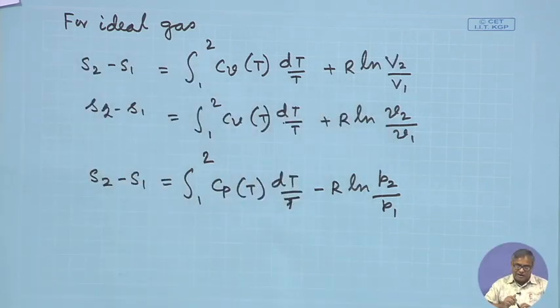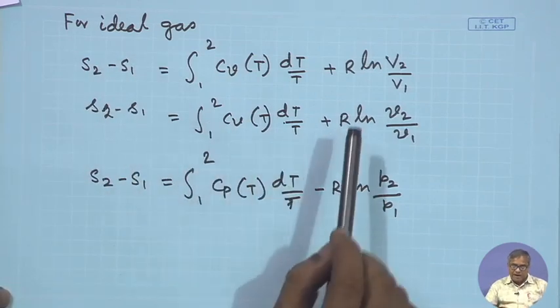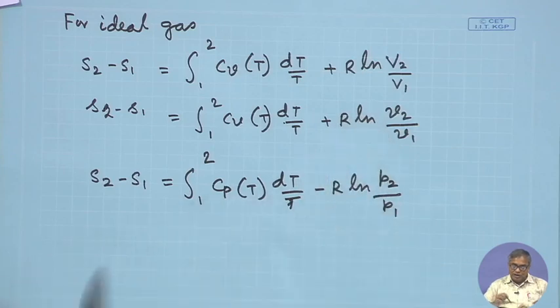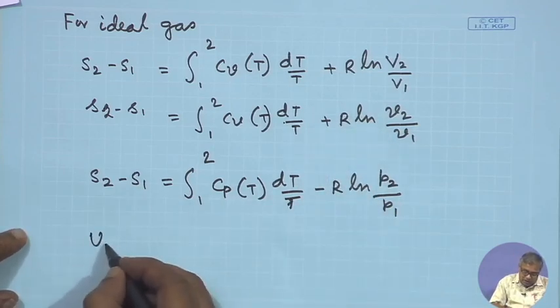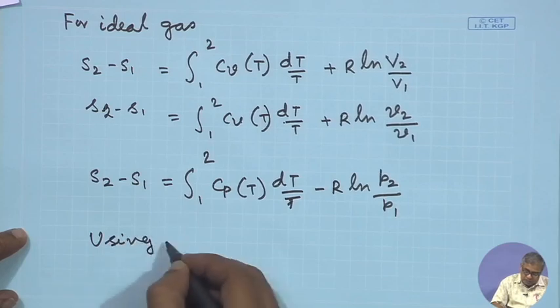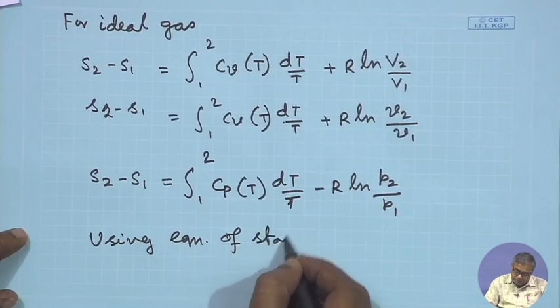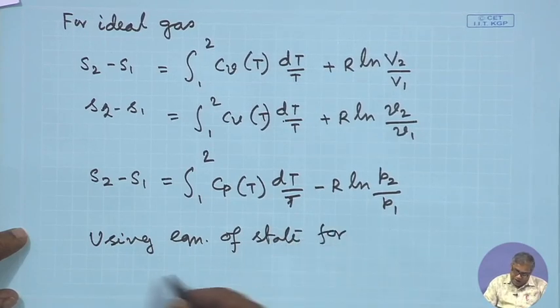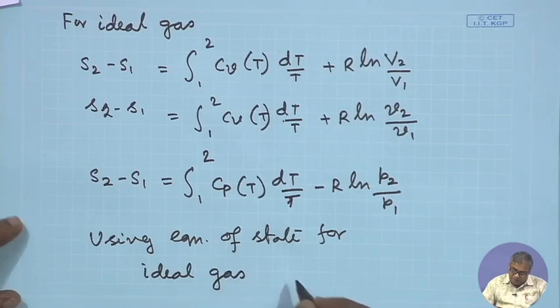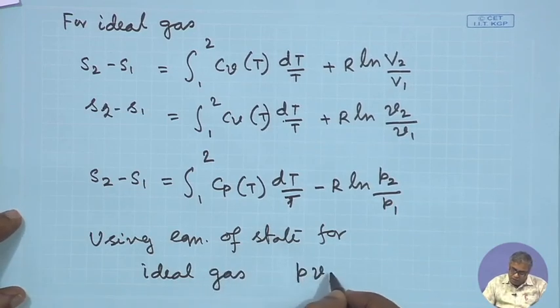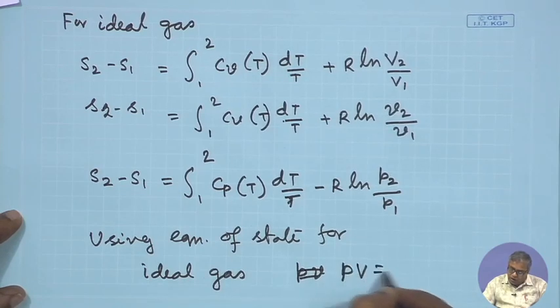And as you can understand, when I derived this equation for ideal gas, I used the equation of state for ideal gas, which is nothing but Pv equal to RT.